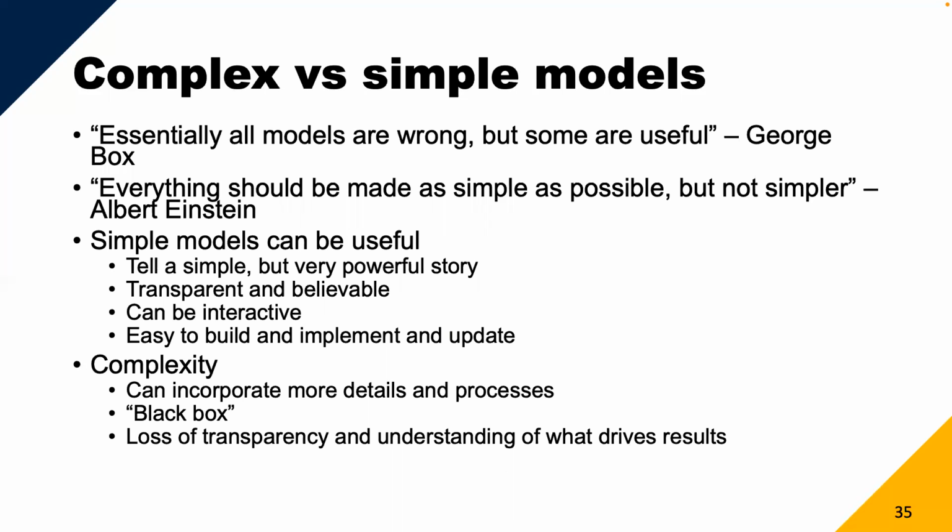So complex versus simple models, as I've pointed out, all models are wrong, but some are useful. That's an important thing to keep in mind when you're thinking about your own modeling efforts, and when you're evaluating other people's models. If I'm talking about doing some kind of forecast or prediction, very few people get it right.